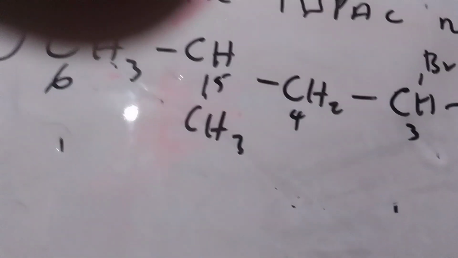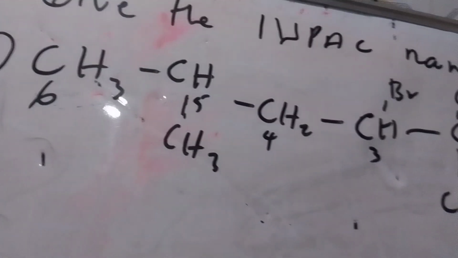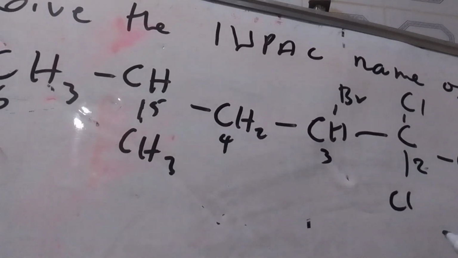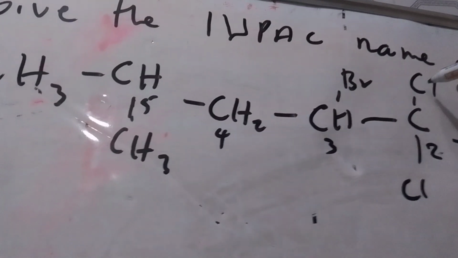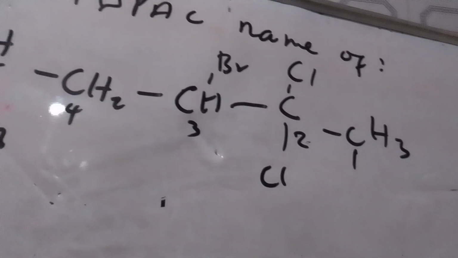If you want to name this compound now, remember we have different kinds of halogen here, the chloro group and the bromo group. So we have to name them in alphabetical order.